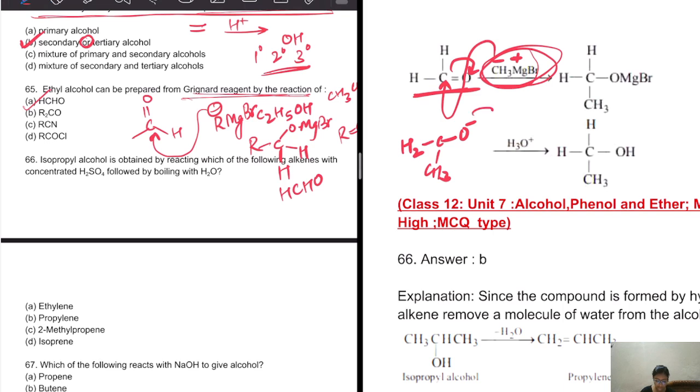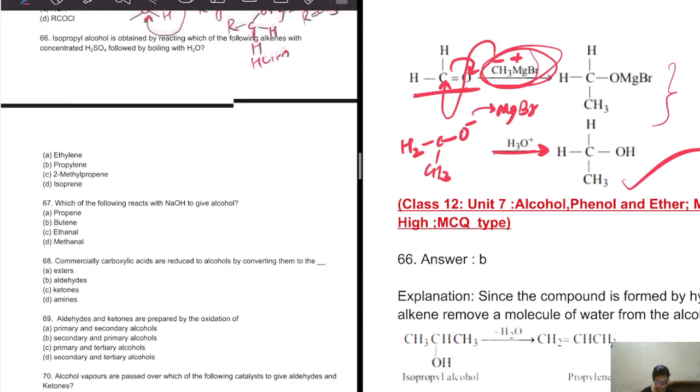So MgBr will attach, and we will have this structure. Then on treatment with H3O plus, protonation would be there, and we will have this, that is the required structure. The correct answer is A. Now let's see the next question.